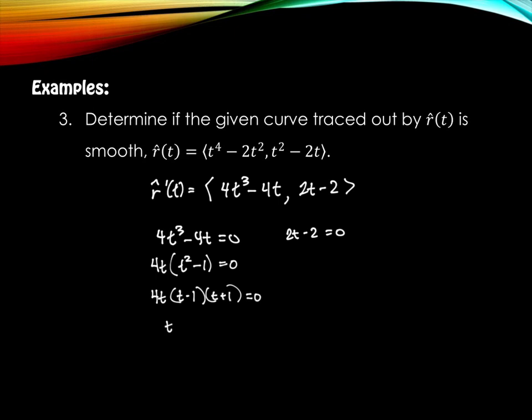And where will these t values actually equal 0 then? 1 and 0 and negative 1, right? Okay, then. What about over here for the second part, for the j component, 2t minus 2? This is t equal to 1. Okay?